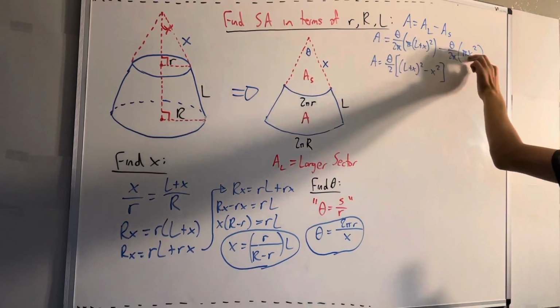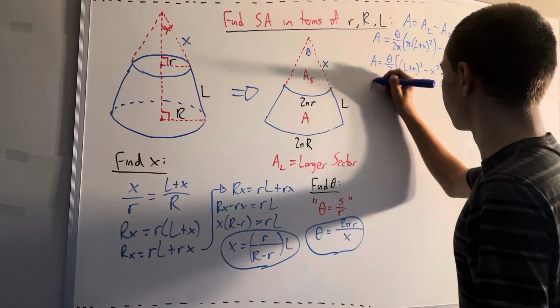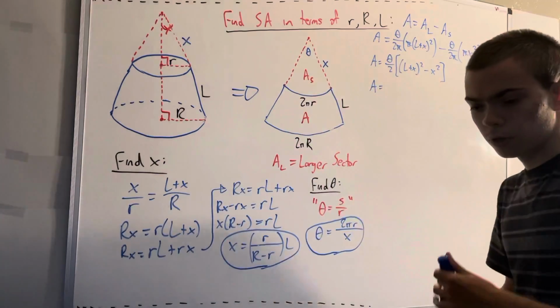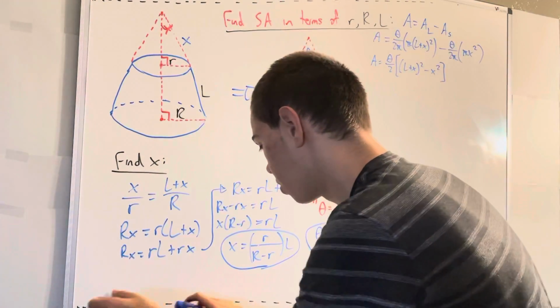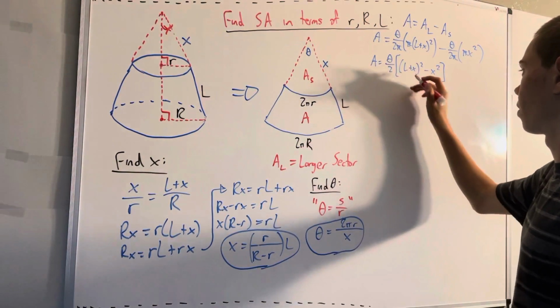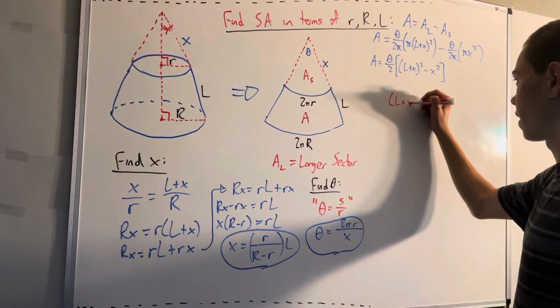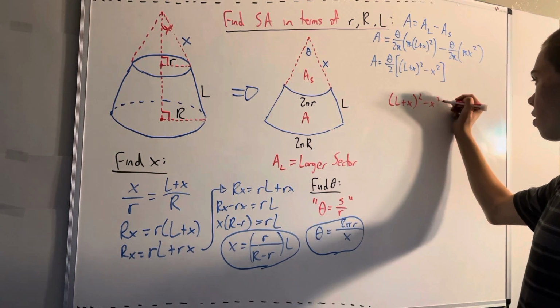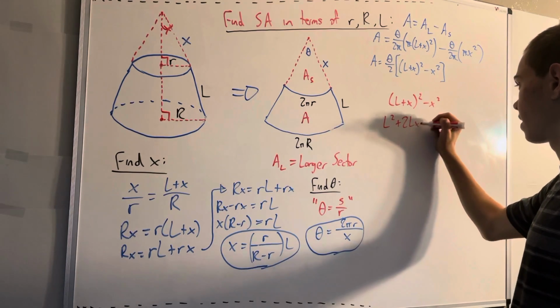It's this minus that. All right, now I'm just going to show you a quick algebra thing. When we expand L plus X squared, we're just going to look inside these brackets. Really, you have L plus X squared minus X squared. L plus X squared is L squared plus 2LX plus X squared.